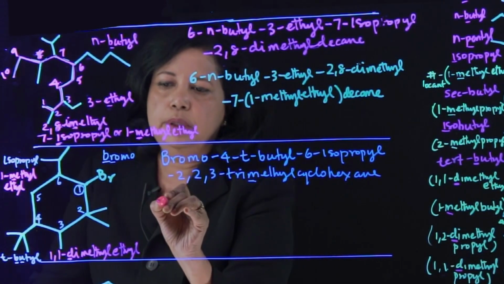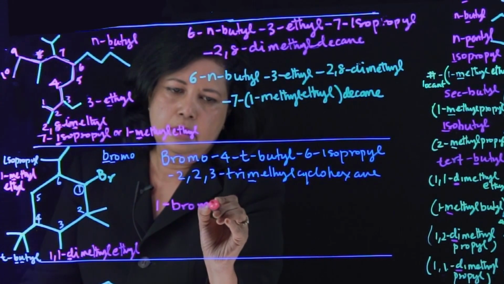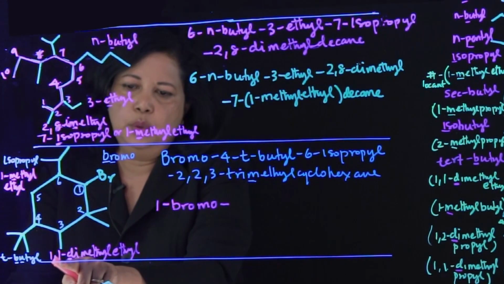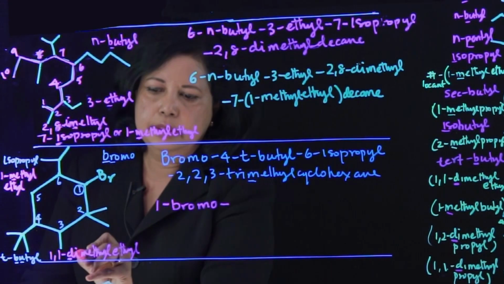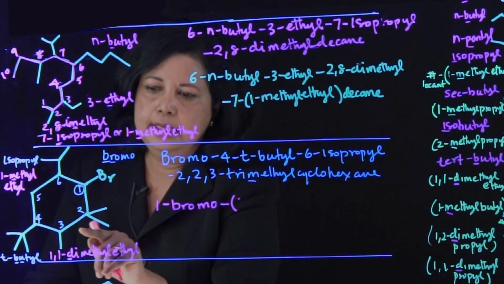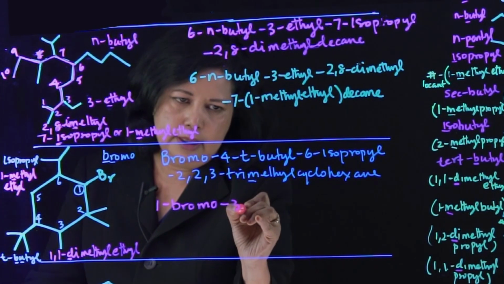So this is going to be 1 bromo, and you're going to do 1,1-dimethyl ethyl because you're going by the first letter inside the parenthesis, and you have to say it's on 3, so you'll have to put the locant number.